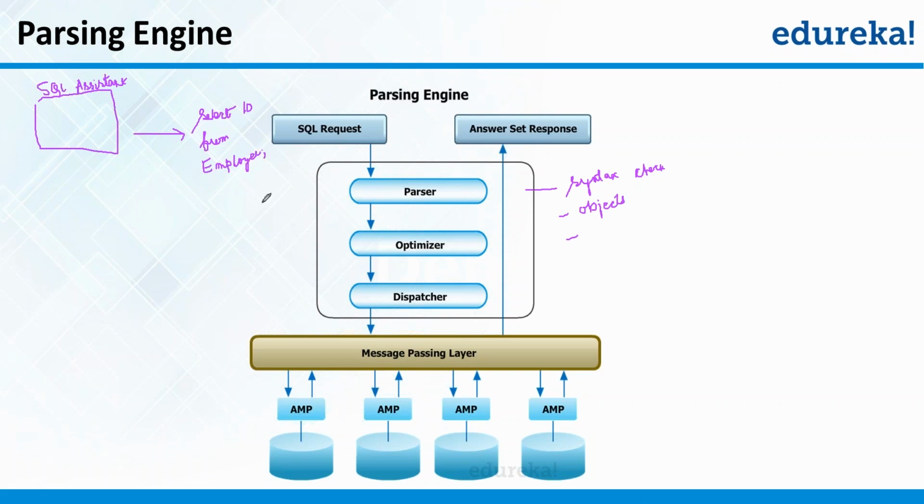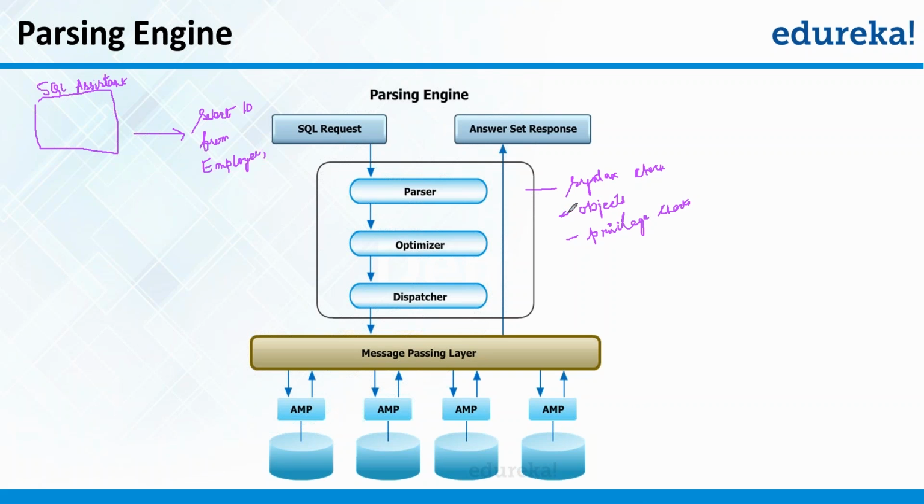What is the next thing that happens? You will have to check whether the columns and the objects that you have mentioned exist or not, right? So you'll also have to check objects. What is the third thing that you need to check?